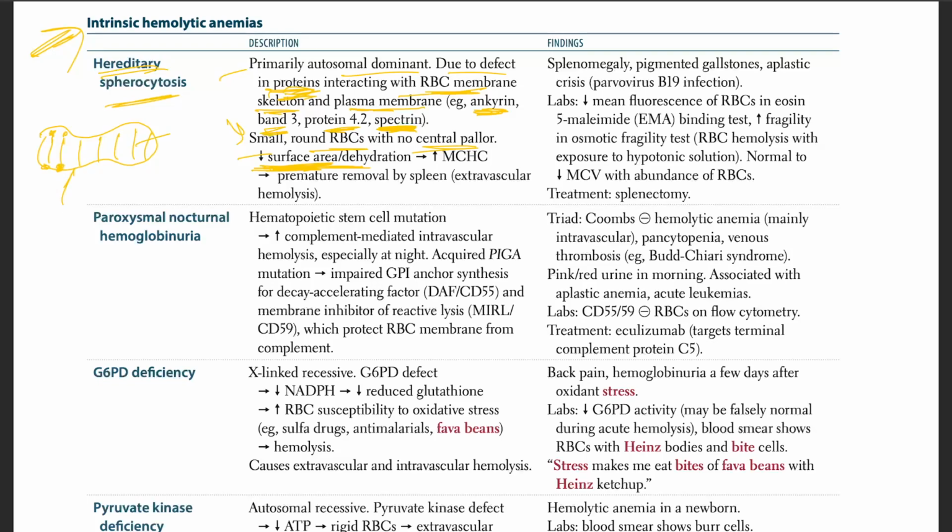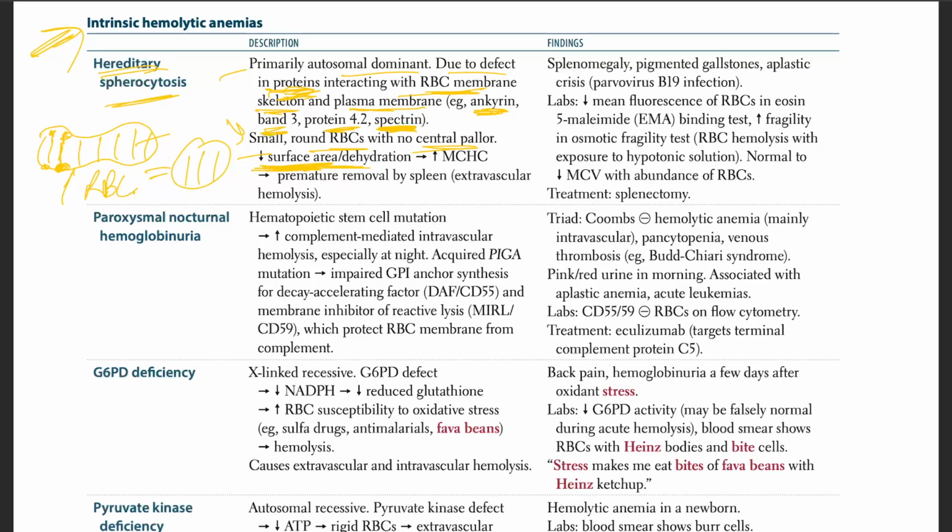So they're bound to the plasma membrane, and the cytoskeleton binds to them and forms the proper disc shape of the RBC. But if you lose these proteins, the cytoskeleton cannot bind to anything, so it's just a round cell.